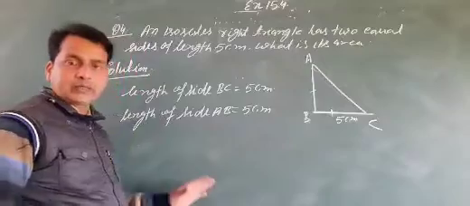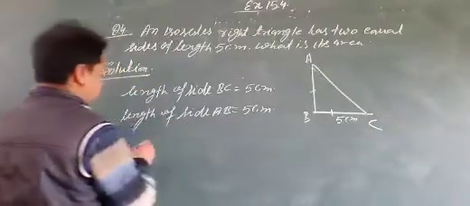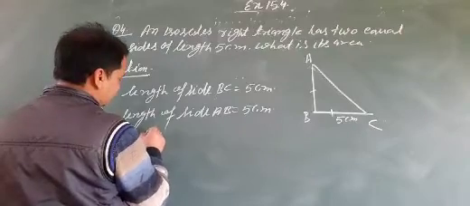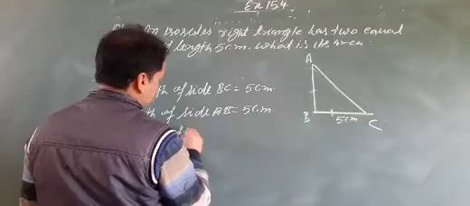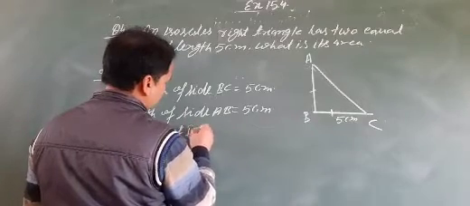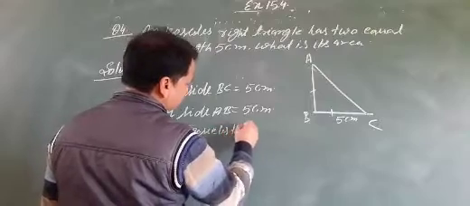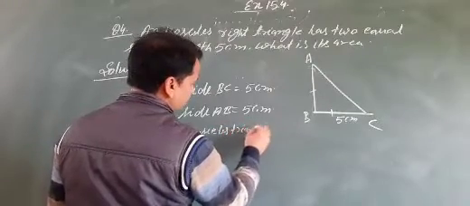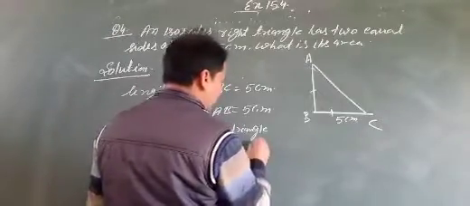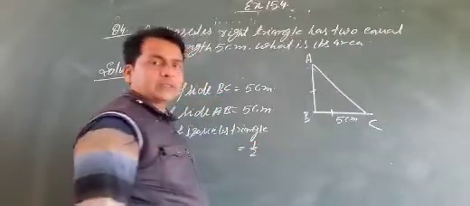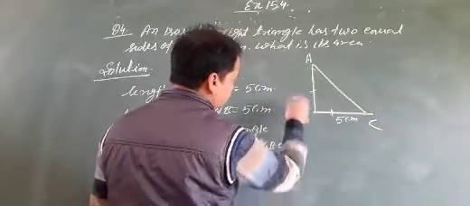Then we know that the area of an isosceles triangle is equal to 1 by 2, base is BC and height is AB.